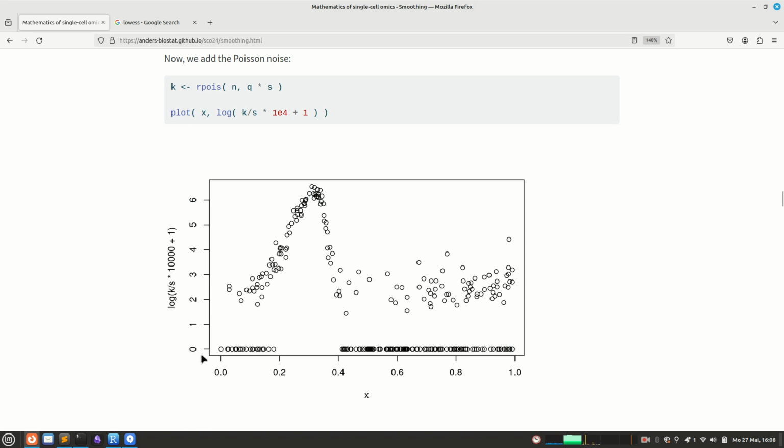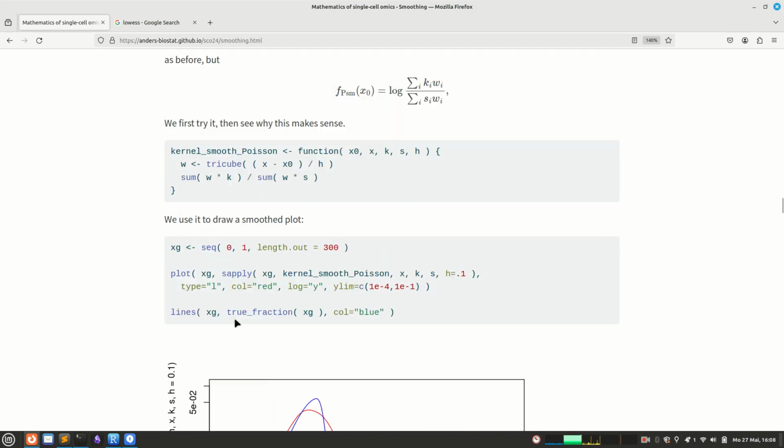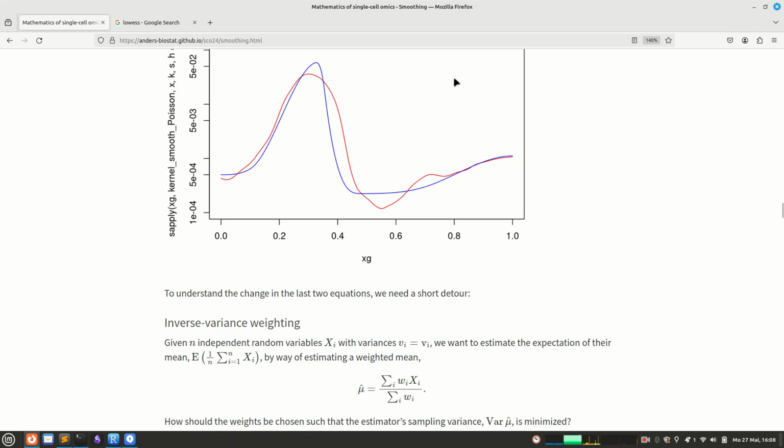Now I get these Poisson counts here, which I have already transformed with our usual log normalization, and now I can plot. I can again do my regression and get a nice fit, and the trick here was that we replaced the linear regression with a GLM regression, a generalized linear model, which doesn't try to minimize least squares, but tries to maximize the Poisson likelihood.